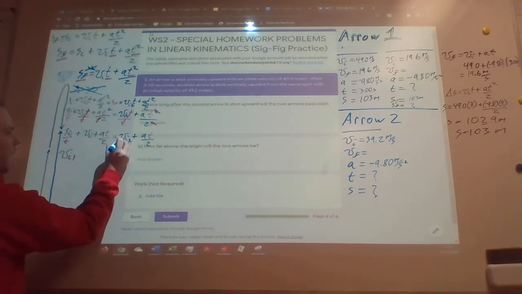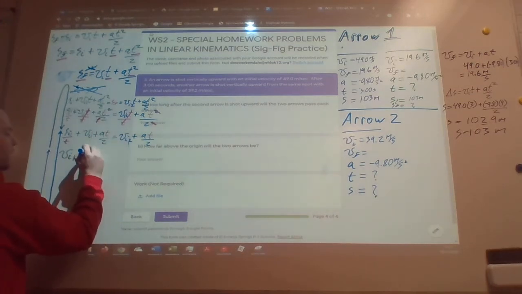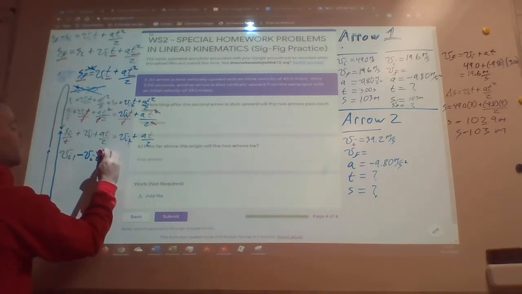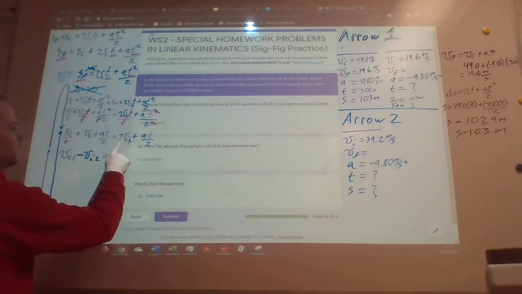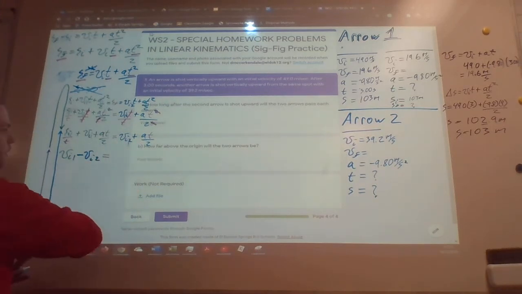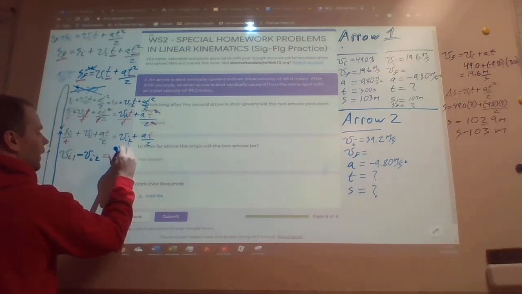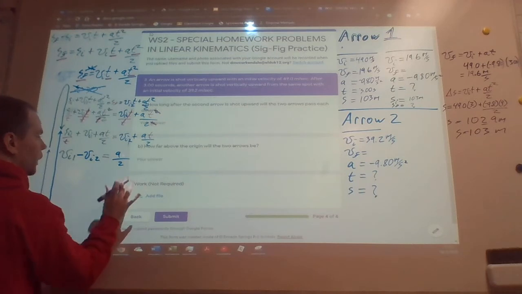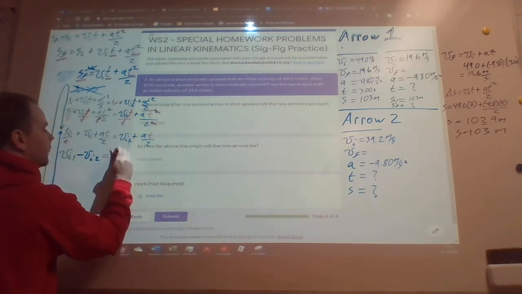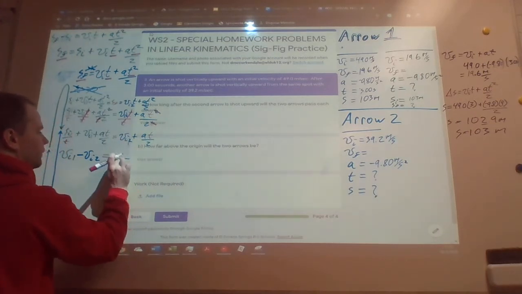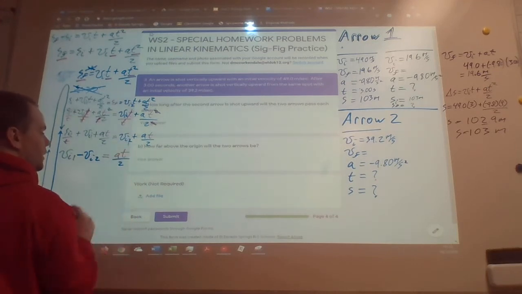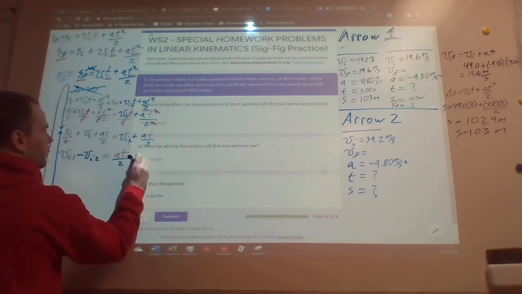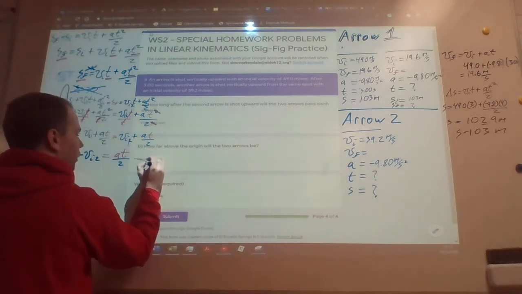So we're going to have to subtract to move this over, minus vi2 equals, this is the first term that's over here. So a t over 2 minus the other at over 2.